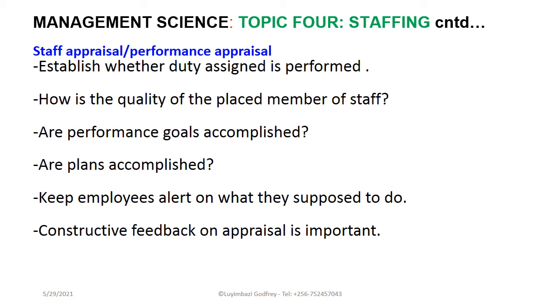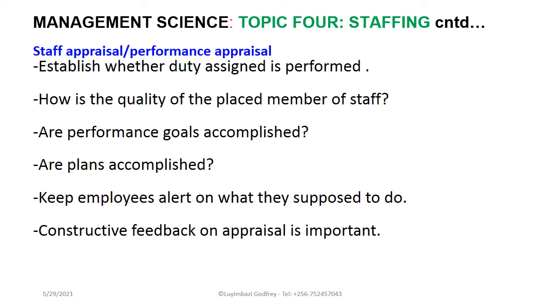What should happen is that the appraiser should appraise the member of staff when there is a discussion between the two, and they should agree on particular things. That's how appraisal should be done.